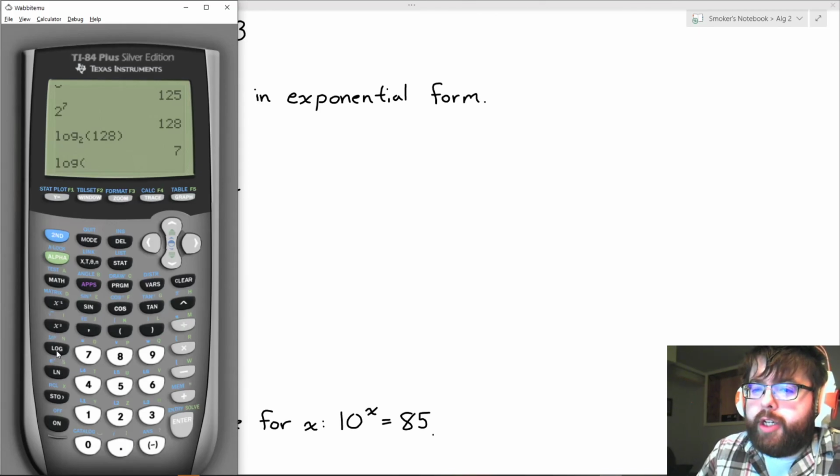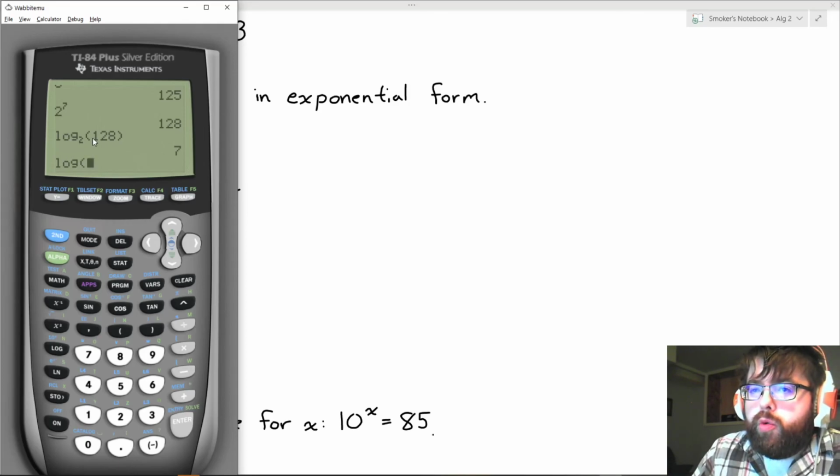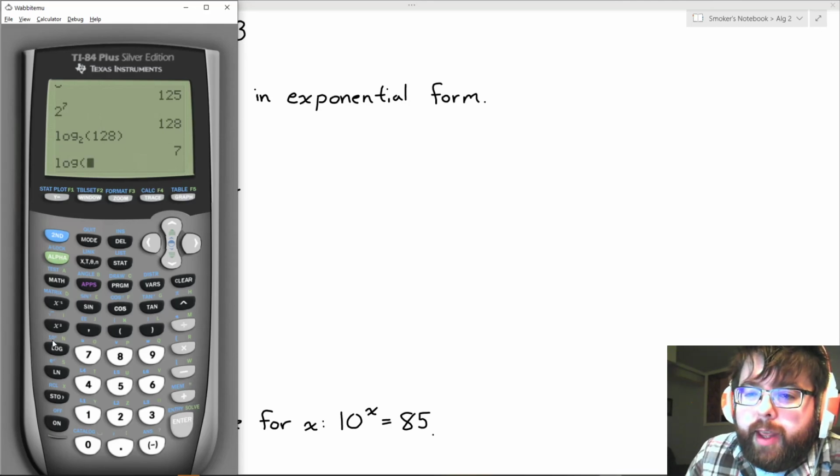There's actually a property in logarithms that we're not to yet that makes it pretty easy to do this up here with log base 10s. I'm just not ready to explain that yet, but I'm telling you about this log base 10 key, which, if you forget that that is base 10, you can see in blue above it. In my graphing calculator, it's blue, but it might be a different color depending on your style of graphing calculator.